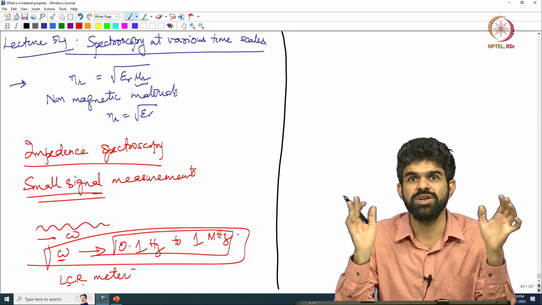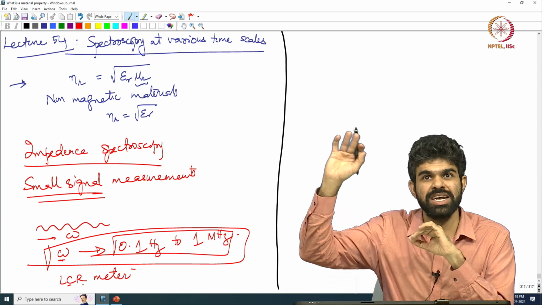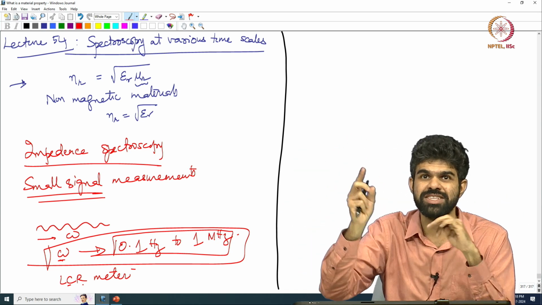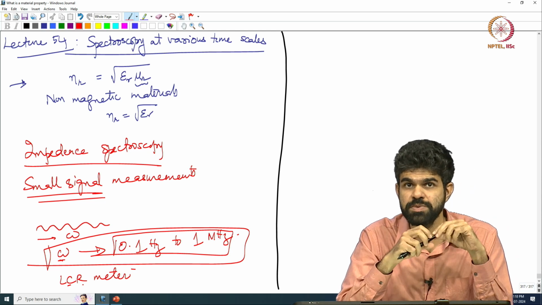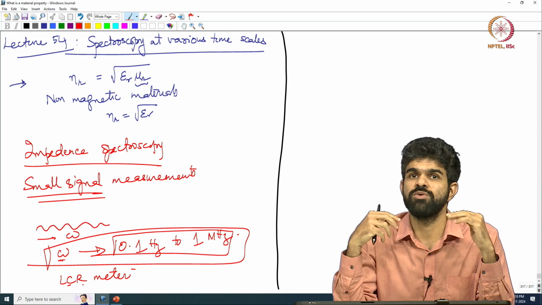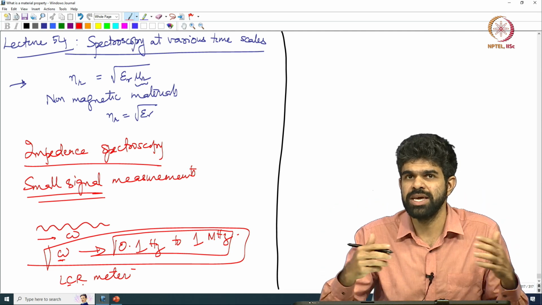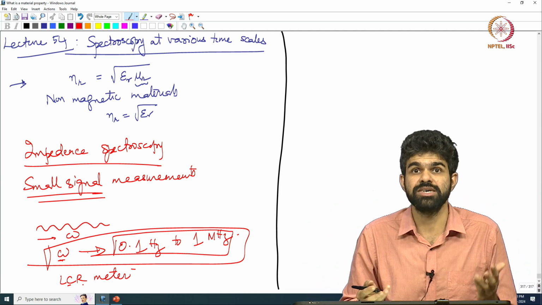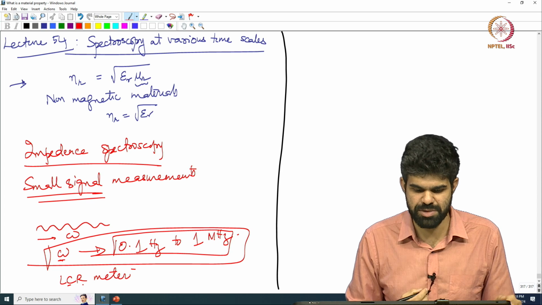You need to worry about how the electrical signals in the room, the line frequencies, interfere with your probes, so you need to shield them well enough. These are doable in a lab. In my lab, for example, we do these sort of experiments.